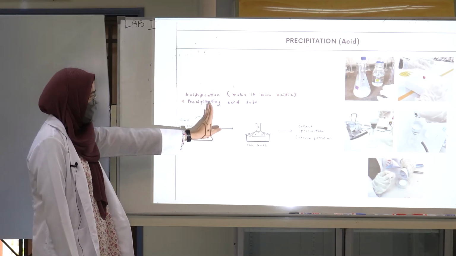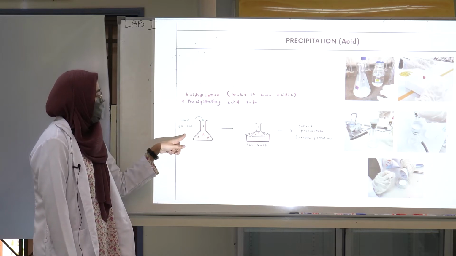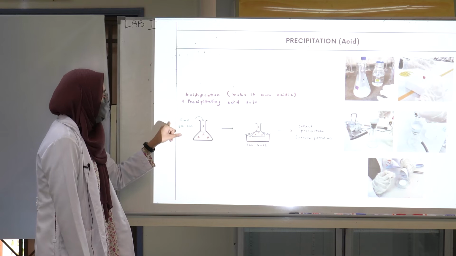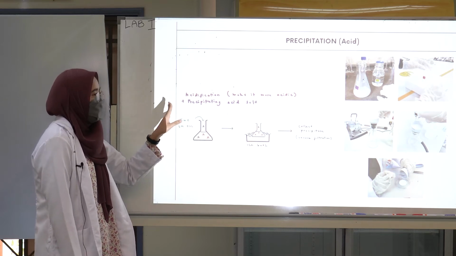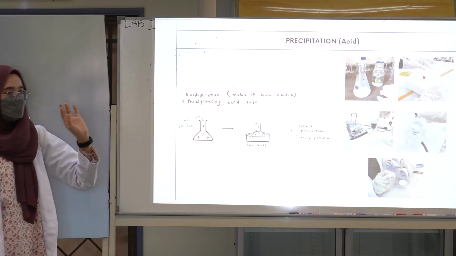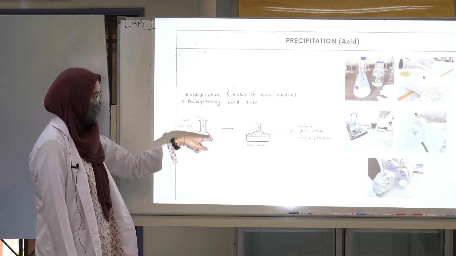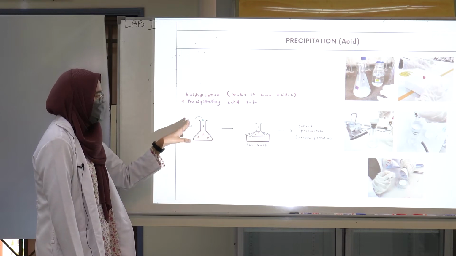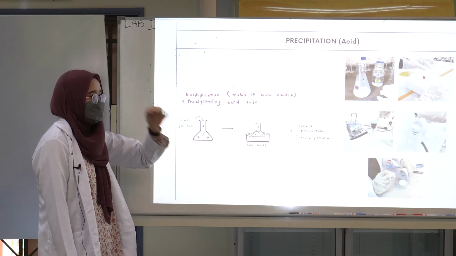So I put it as make it more acidic, because here, as you can see, I've added 15 ml of 6 molar HCl, which is more concentrated than the acid that we used just now, which is the aqueous acid only, right? So once you put the 6 molar HCl inside, you are going to leave it inside the ice bath.